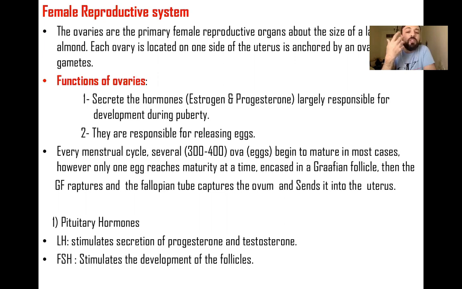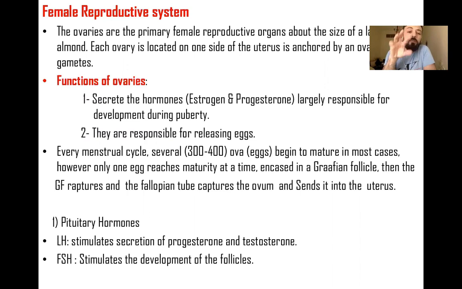They matured their eggs as embryos or fetuses. After birth, no more eggs will be produced. Whatever amount of eggs they have in their ovaries will last them the rest of their lives.